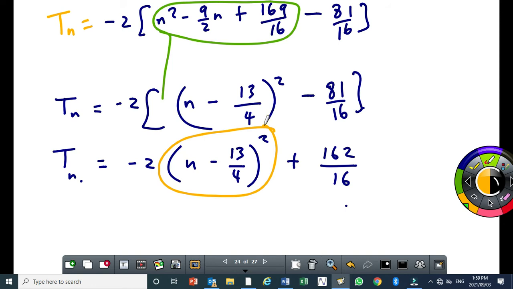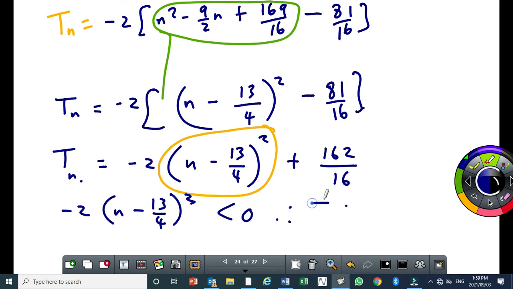So the explanation would be, after doing all this working out, you say minus 2 times n minus 13 over 4 squared will always be less than 0.